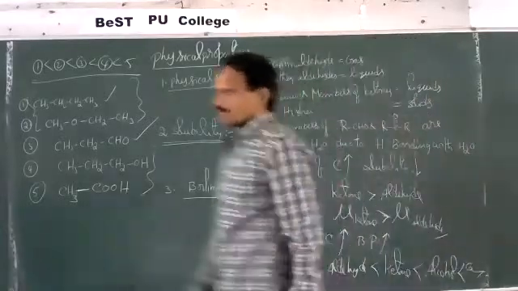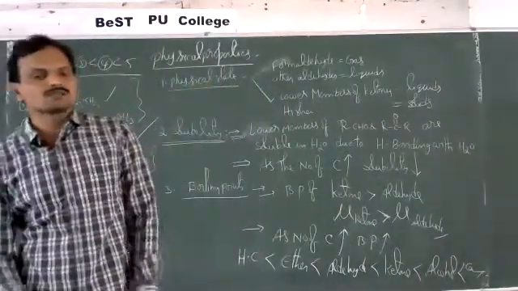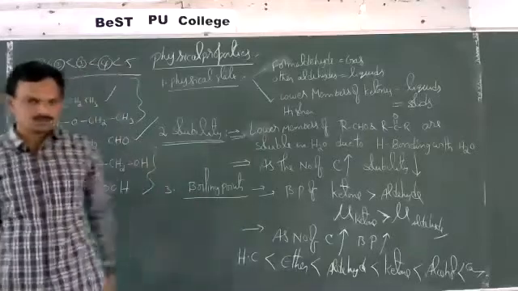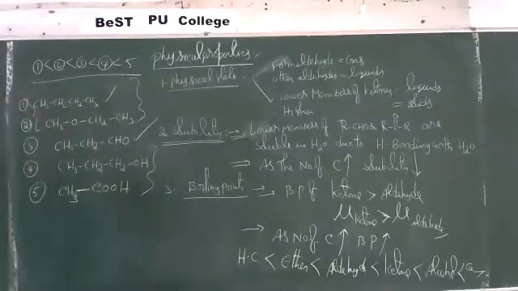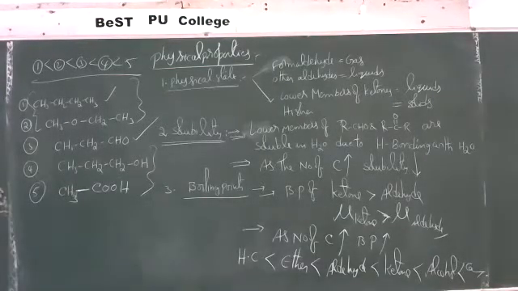So this is regarding the physical properties of aldehydes and ketones. See once again in brief. The first one is physical state. Formaldehyde is a gas, whereas other aldehydes are liquids. Lower members of ketones are liquids, whereas higher members are solids. Next, solubility.